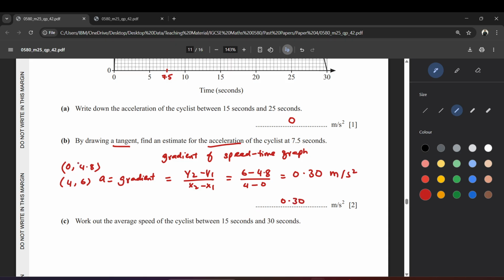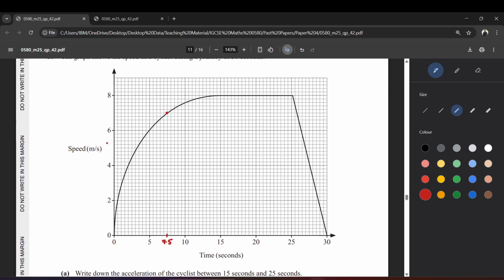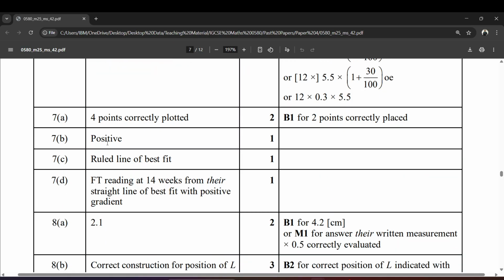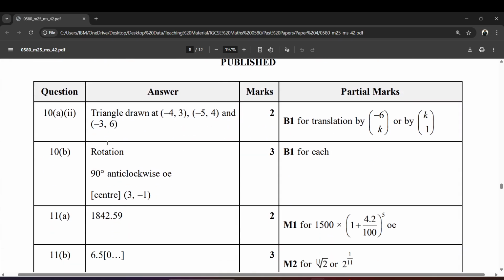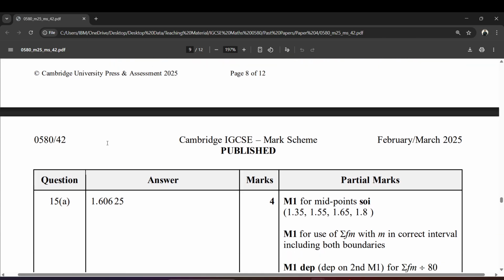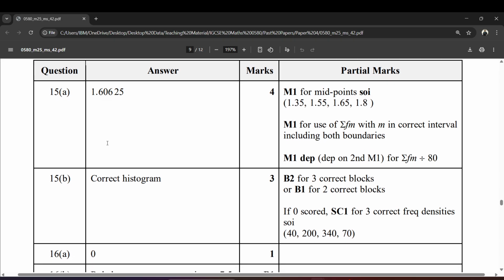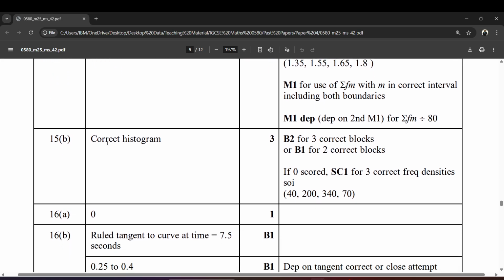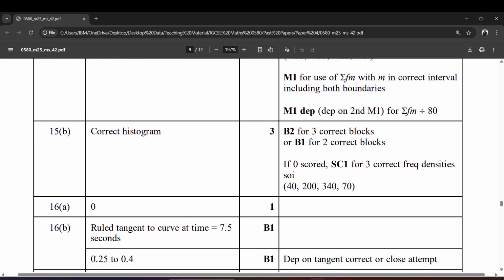Now this particular question where you're required to draw a tangent and then do calculations, this basically has a range. So let us check the marking scheme for the range. This is question number 16. There's a range of 0.25 to 0.4.